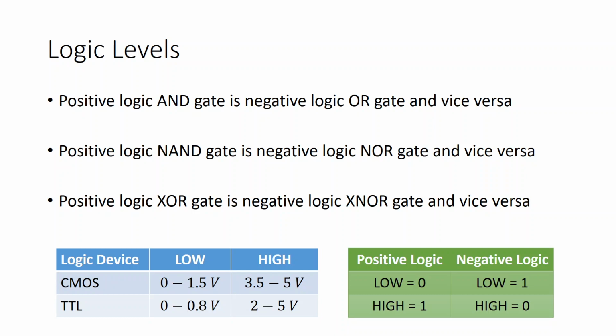So the positive logic AND gate, let us just see why this is true. So if we have to construct the AND gate, this is the truth table of the AND gate. Now suppose this is positive logic. Obviously this is positive logic.